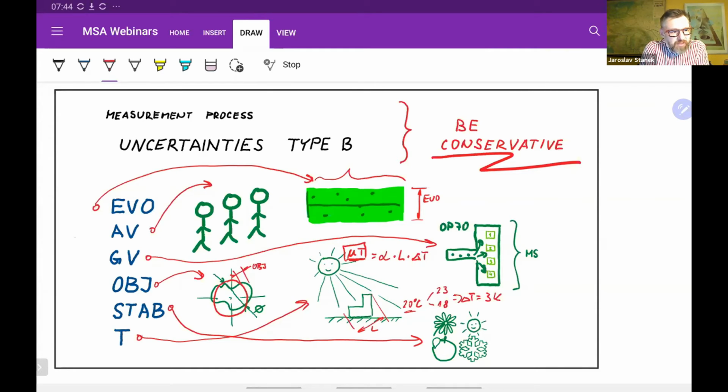If you want to be conservative in this case, you always have the option to estimate the difference in a more conservative way, like how much it can go wrong. So this more or less covered what the individual uncertainties are.